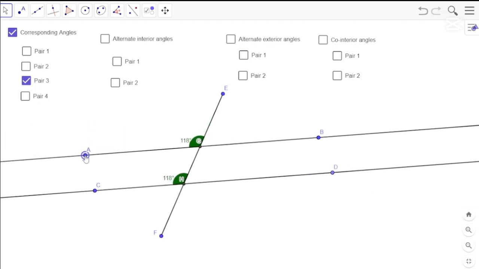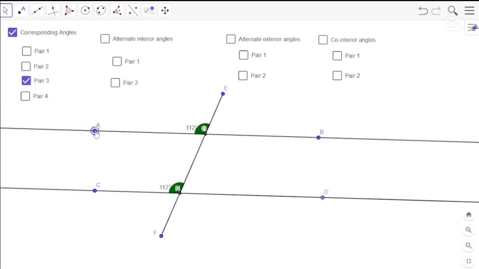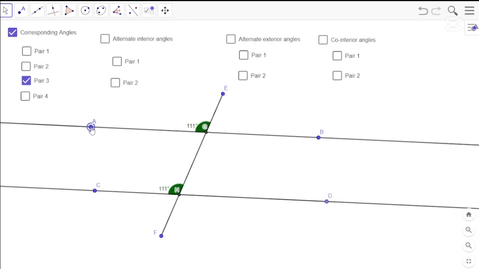We can verify. And let's look at pair 4. We see that angle AGH is congruent to angle CHF. We have 69 degrees and 69 degrees.